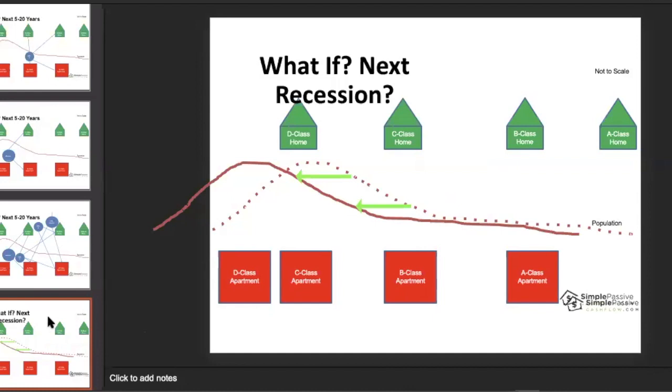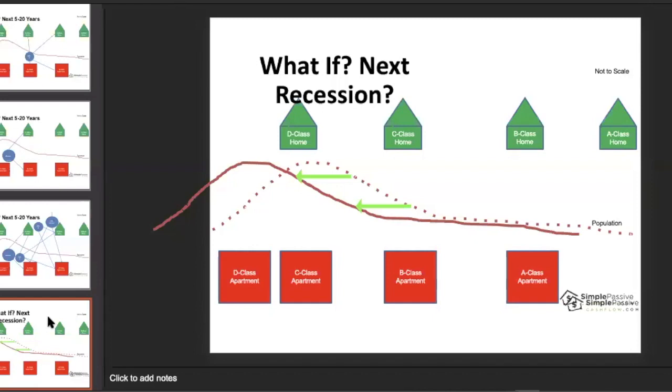Like in Dallas, they have $2,500 rent luxury apartments, where I think $400-$600 goes to an activity fee. They've got movie theaters, bars, different activities almost every night of the week. In a recession, those people are going to say, we're not going to pay for that.